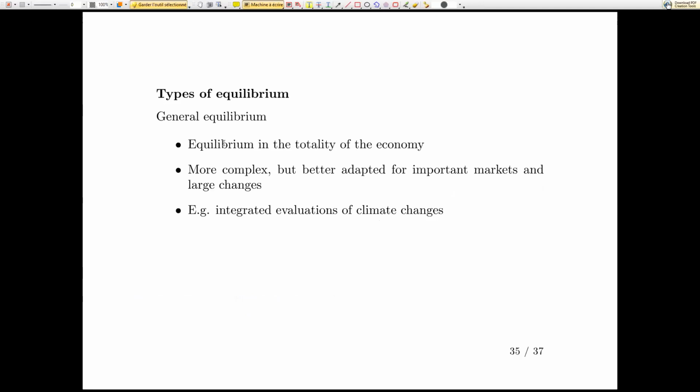General equilibrium is the totality of the economy, more complex, better adapted for important markets and large markets. So integrated evaluations of climate change. So that's more difficult. Less reliable. Well, not less reliable, I don't want to judge.